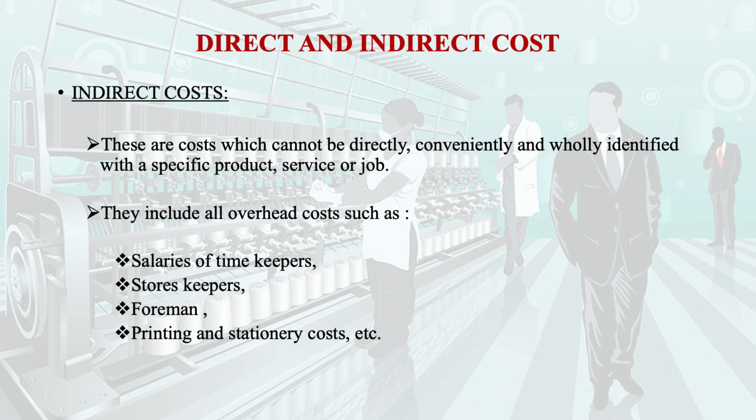Similarly, indirect costs are the costs which are not directly involved with the specific product, just like salaries of a timekeeper, a storekeeper or a foreman. I am repeating this because you should understand the difference between direct and indirect cost, because that will come up frequently when we discuss the break-even point.